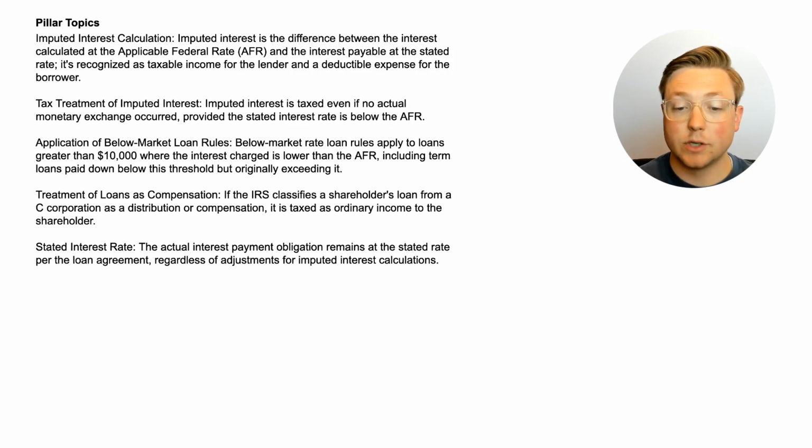And finally, the actual interest payment obligation remains at the stated rate per the loan agreement, regardless of adjustments for imputed interest calculations. So if it ever asks you what is the actual interest paid or interest payable, that is whatever was in the loan, the stated interest rate. So don't get confused by the imputed interest and the AFR in that situation if it's only asking for the interest payable. All right, those are the pillar topics for this video.